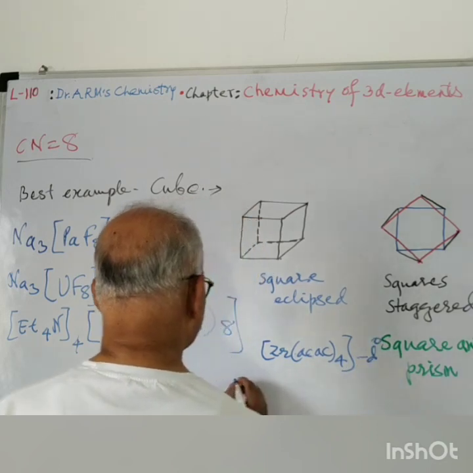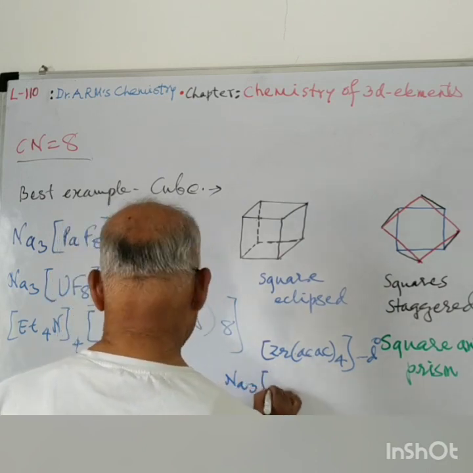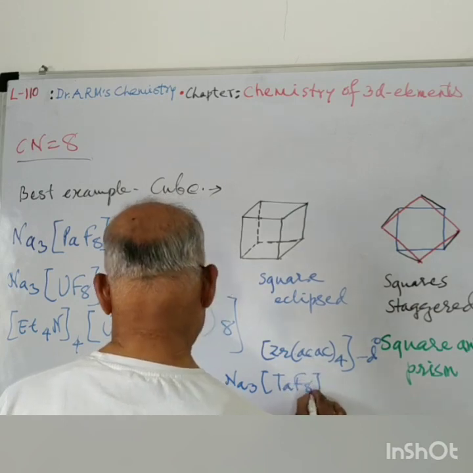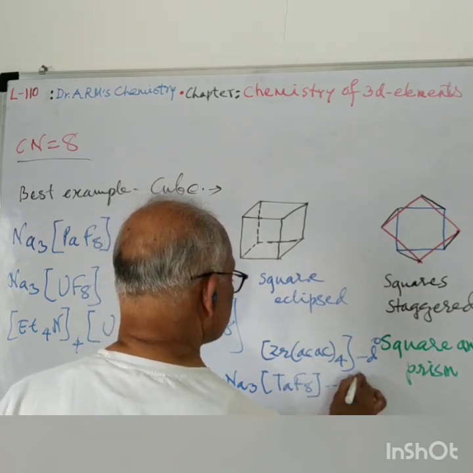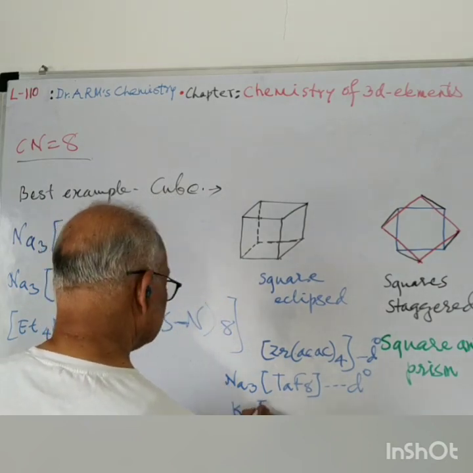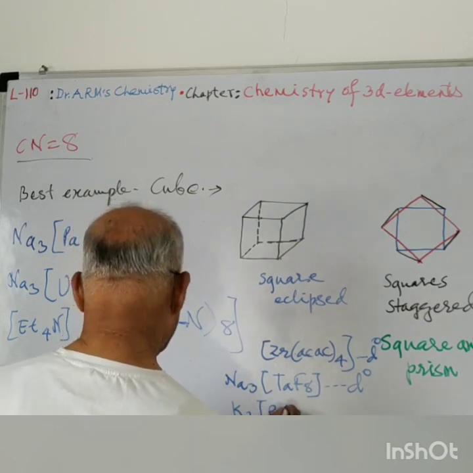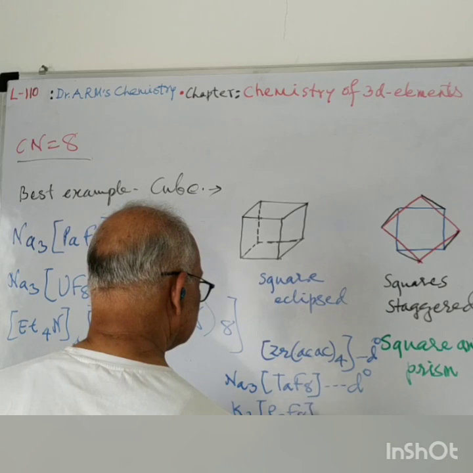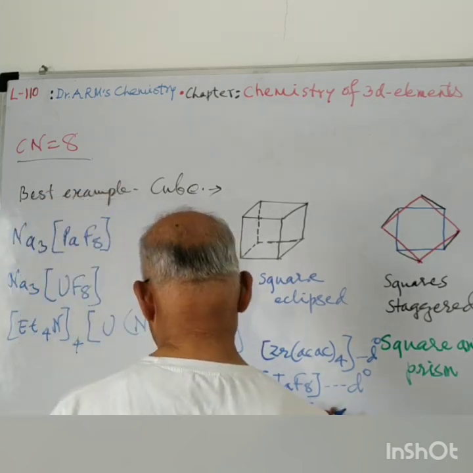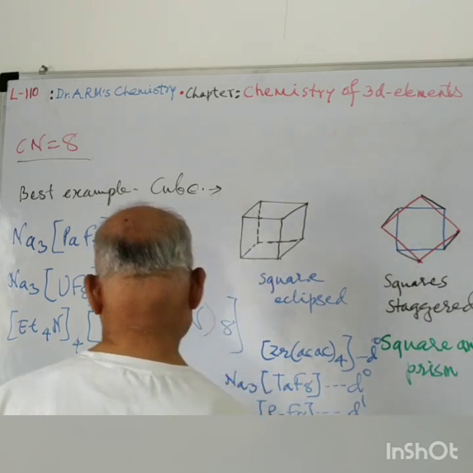Now another example is Na3TaF8. This is also d0 configuration. Then K2ReF8 is potassium octafluororenate. This is d1 configuration.